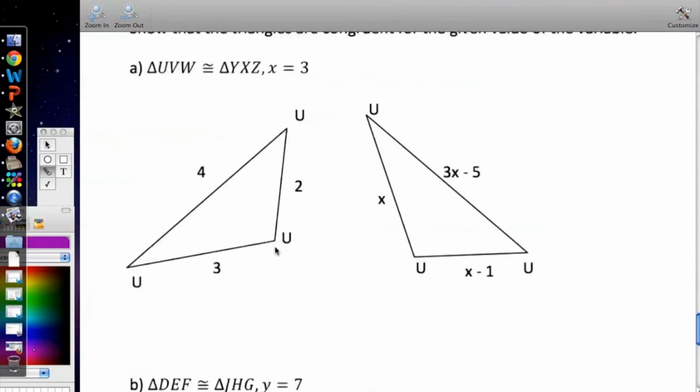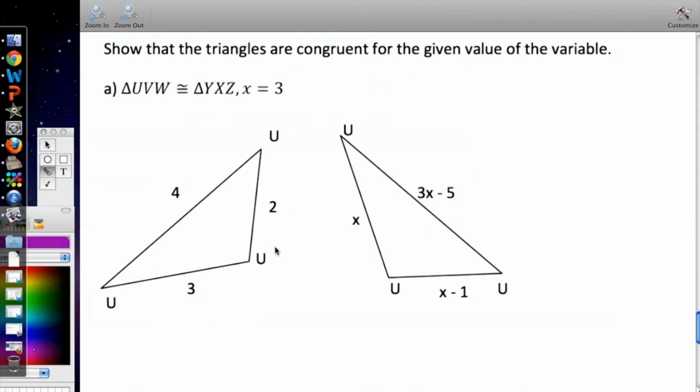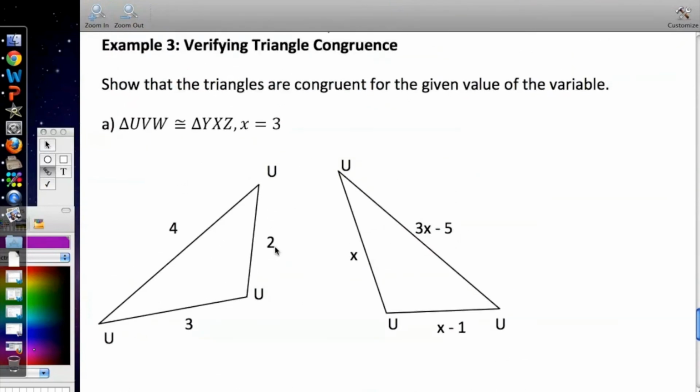Okay? Now, two more examples. We're going to verify triangle congruence. Show that the triangles are congruent for the given value of the variable. We have stuff like this on the test. And it's saying this is what x is. So prove that these two are congruent. It looks like I'm going to use side, side, side. I'm going to put a question mark by it because I have the three sides. I don't have any angles. So what I'm trying to show is that all of these sides are the same.